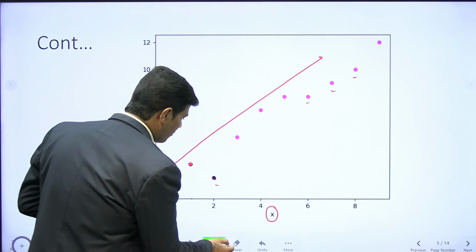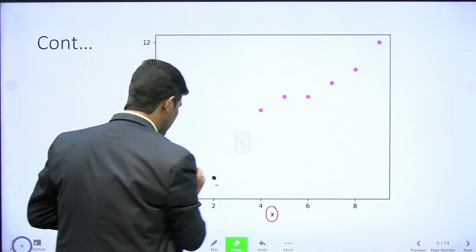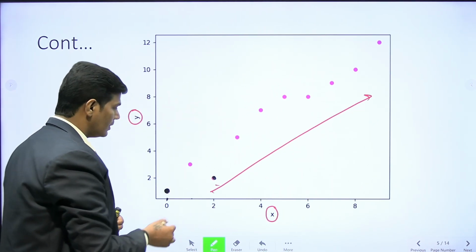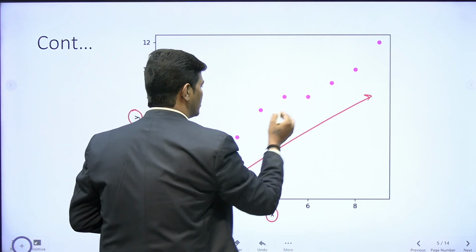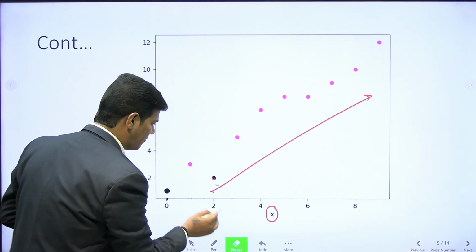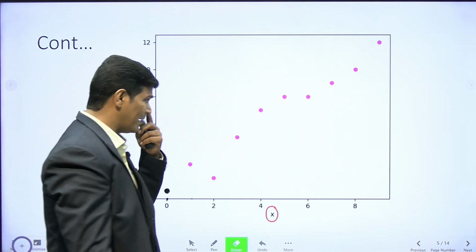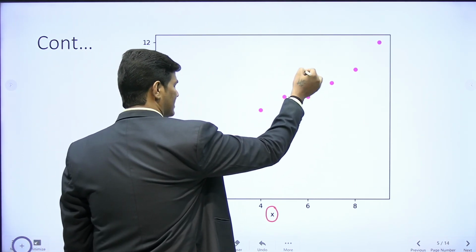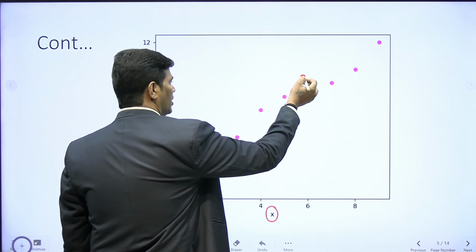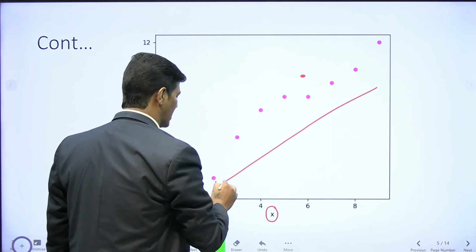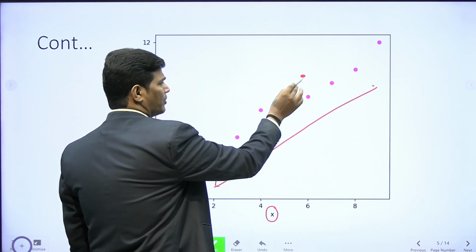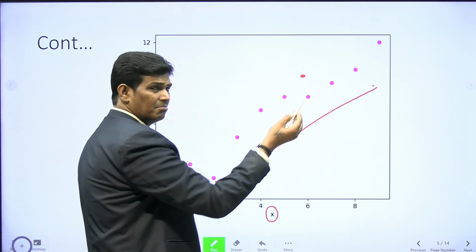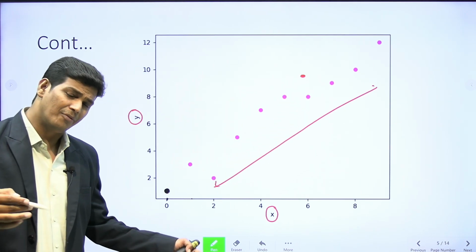So let's try another line. If you draw one line from here, again it is close to these points, but it is not very close, so again it is not a best fit. If we calculate the value of y for a particular point on this line, we will again get a wrong value, or a value with error.